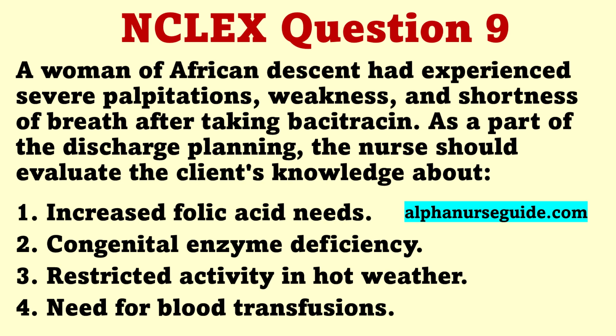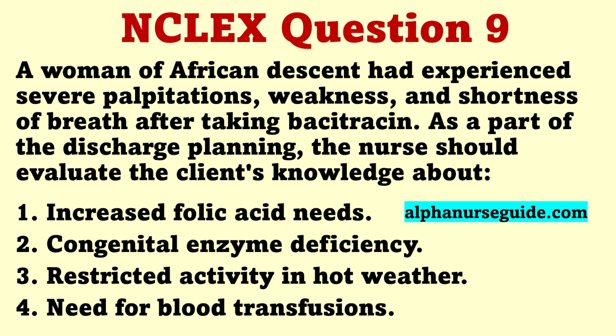The correct answer is 2. This client presented with the typical signs of glucose 6-phosphate dehydrogenase, aka G6PD, deficiency anemia. 10% of blacks inherit an X-linked recessive disorder of the G6PD enzyme in the red blood cell. When cells with decreased levels of G6PD are exposed to certain drugs, such as sulfonamides, acetylsalicylic acid, thiazide diuretics, and vitamin K, the RBC may hemolyze and anemia and jaundice may occur.